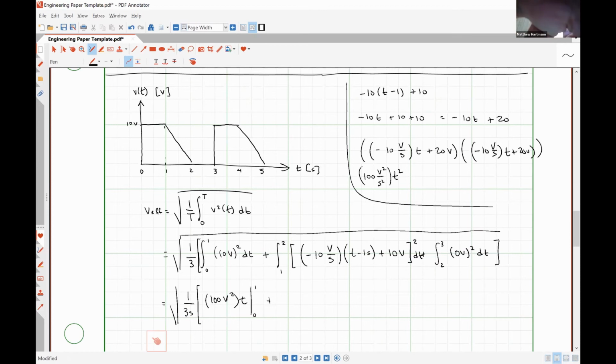Negative 10 volts per second times 20 volts gives me minus 200 volts squared per second. I'm going to have another one of those, so let's just call it minus 400 to make things easier. And then I'm going to have 20 volts times 20 volts, plus 400 volts squared.